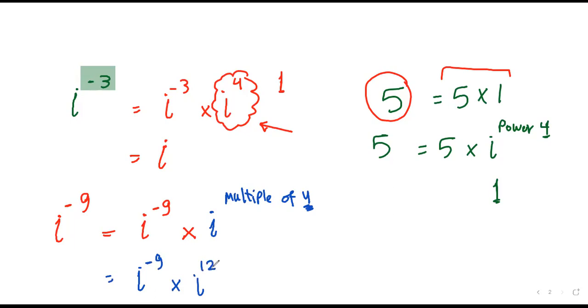Some students get confused and say, you changed the question. No, I didn't do that. i to the power of 12 is 1. So when multiplying by 1, we do not change the question. So it's i, and negative 9 plus 12, we add powers, so it's 3, and i to the power of 3 is negative i. That's it.